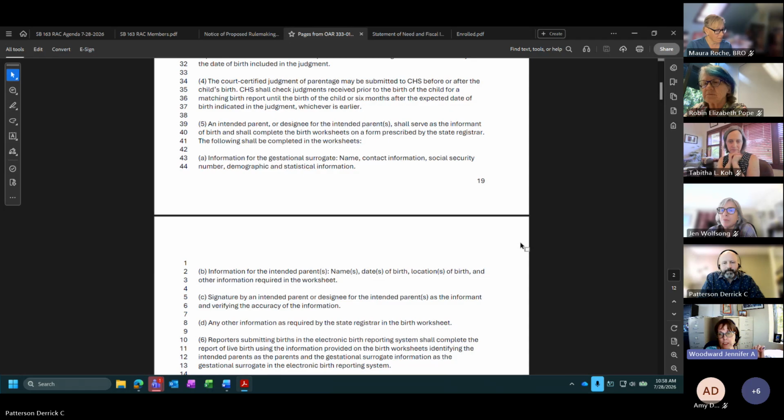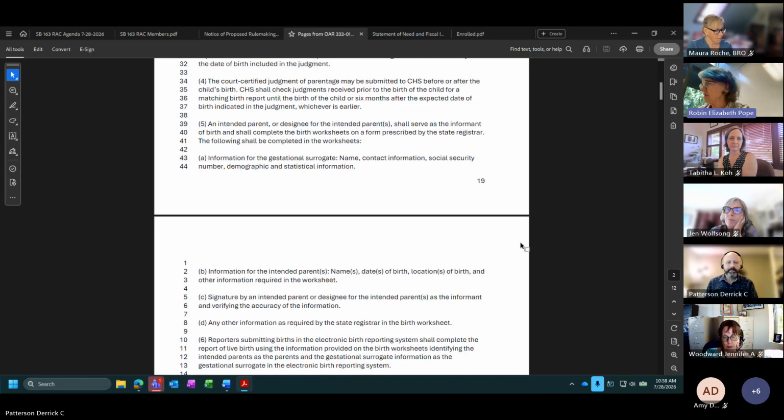If I have those details in rule, I have to go through the rulemaking process. We work with the hospitals quite a bit on these worksheets, but we really try to minimize additional information that's added onto them. I would prefer not to have to go through rulemaking anytime I make a change to the worksheets. So I totally support that.